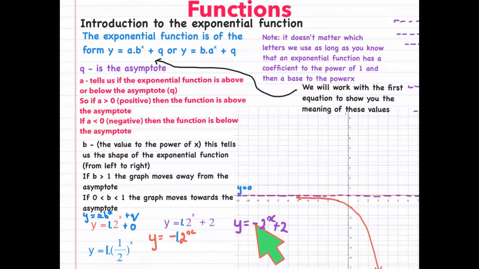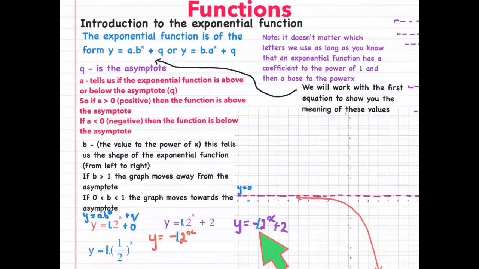So that is minus 1 that I can put in there times the 2 to the power of x. So there's my a, which is minus 1. And minus 1 means that a is less than 0. So the function is below the asymptote, right? And there's my 2 to the power of x. That's my b. And if b is greater than 1, the graph moves away from the asymptote.